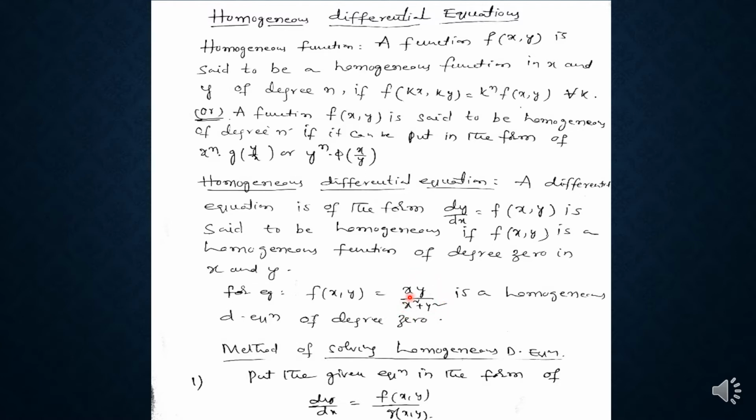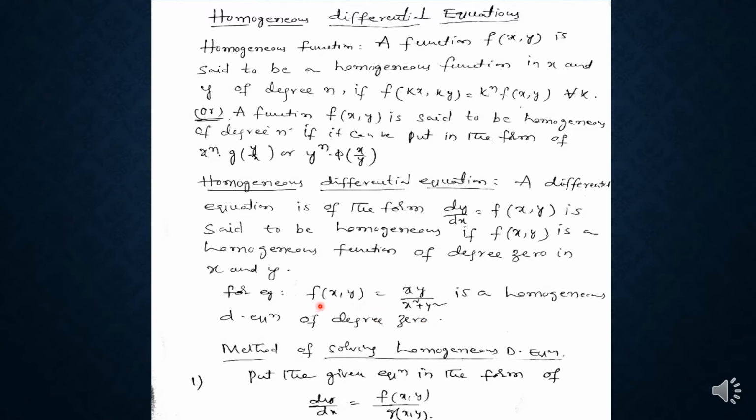In the numerator, the degree of the term x into y is 1 plus 1, that is 2. And in the denominator, both terms also have the same degree 2. So each term has the same degree 2, so this is a homogeneous differential equation of degree 0.